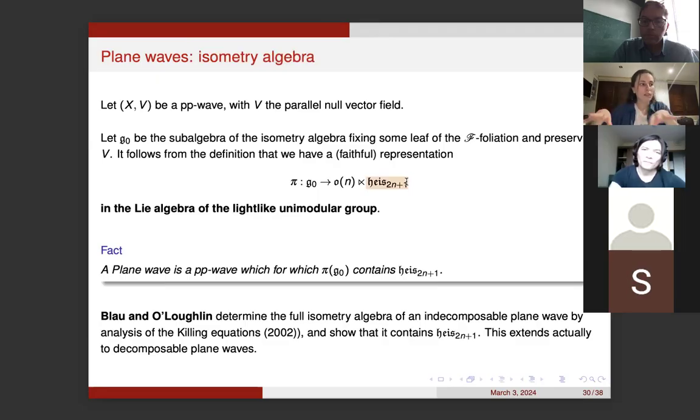Also take R2, the Euclidean space. In the Euclidean space, I have rotations and translations which act isometrically. But if I take a quotient of the Euclidean space by a lattice, by two translations, I have a torus. On the torus, the only elements that act are the translations.